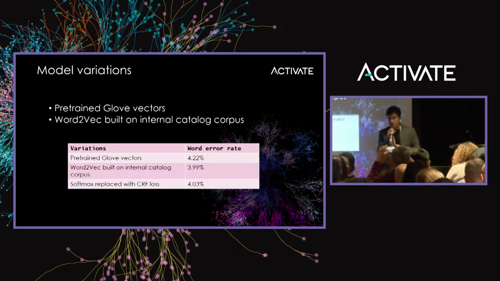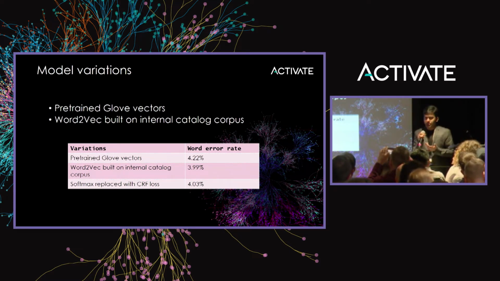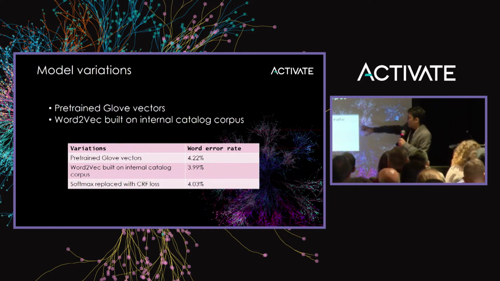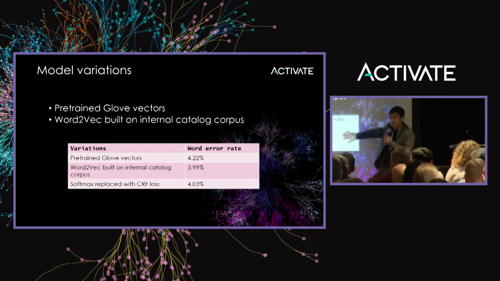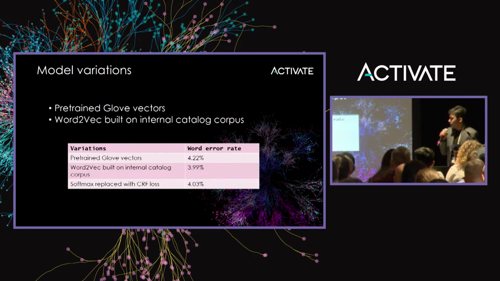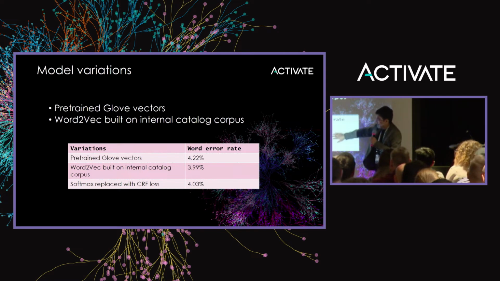The popular options are GloVe or word2vec, which are pre-trained either on the entire Wikipedia corpus or Google News corpus, etc. We attempted with the embedding vectors which are available globally, and then we also attempted pre-training the word embeddings on our own catalog corpus. What we noticed is that we get a slight edge, a decrease in error rate, when we use the word embeddings trained on our catalog corpus.